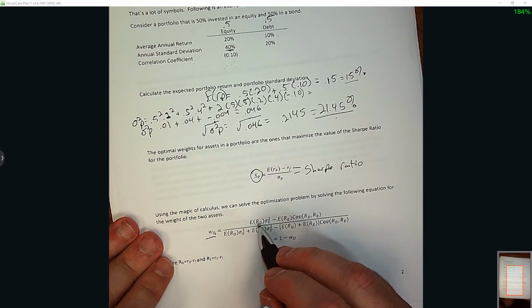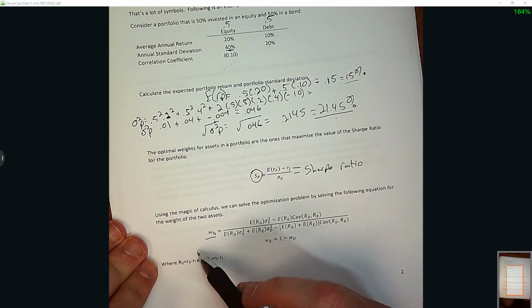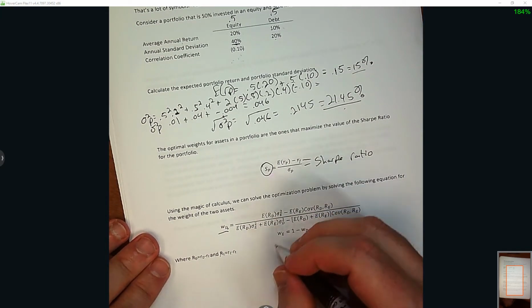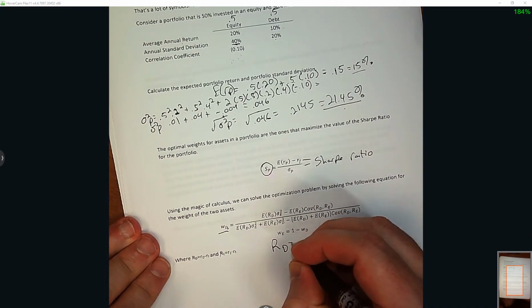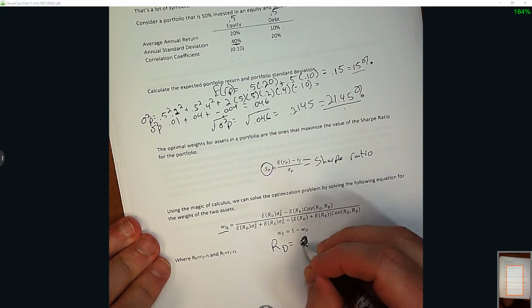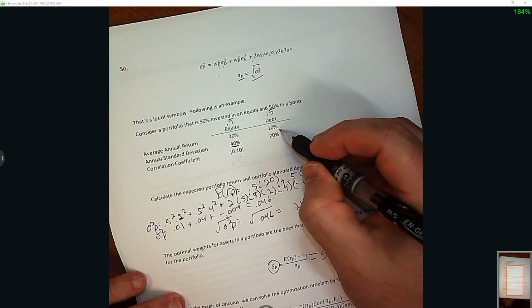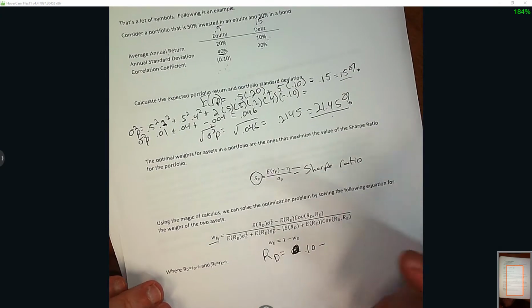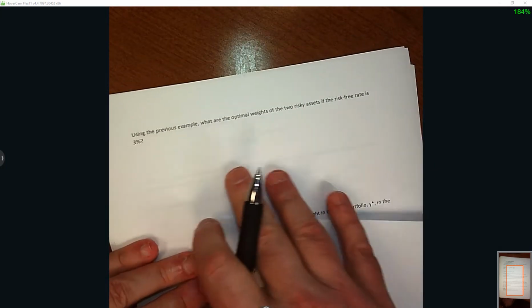the return for D. Down here I say capital R sub D is equal to the return for debt minus the risk-free rate, and capital R sub E is equal to the return for equity minus the risk-free rate. So for us, R_D is equal to 0.1, and I'm just getting that from up here, minus the risk-free rate, and the risk-free rate we're going to use is actually 3%.